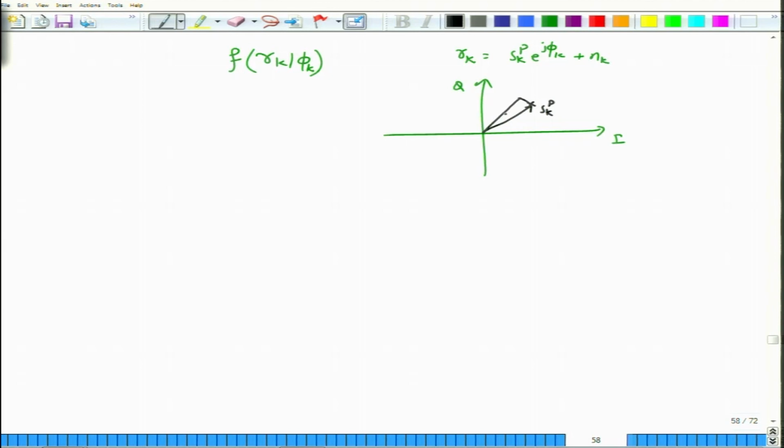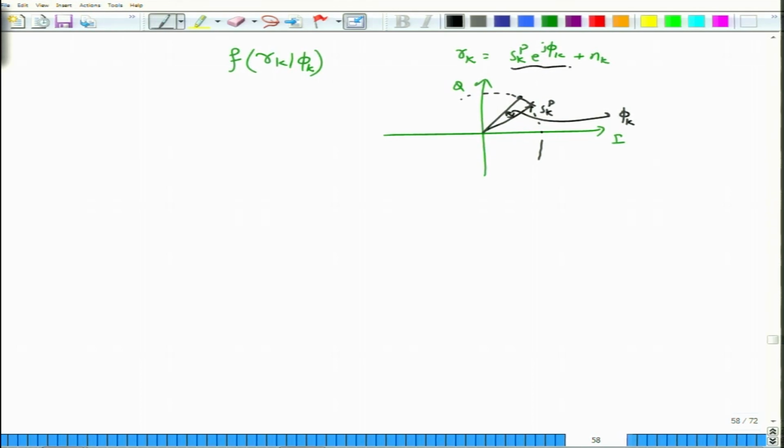So this is the phi k that you are actually estimating. So this difference is the phi k that you are estimating, and please note that by multiplying s k with e to the power j phi k, you are only going to move it along a given circle. So this is actually a circle, and you have moved a certain distance depending on the actual value of phi k that has been realized at this particular sampling interval. Fair enough. So we have this as the point.